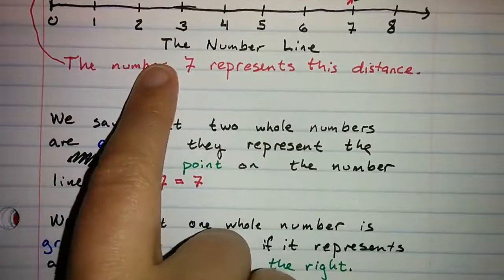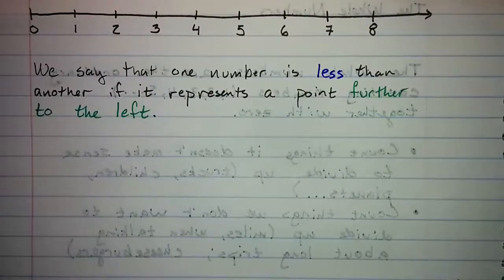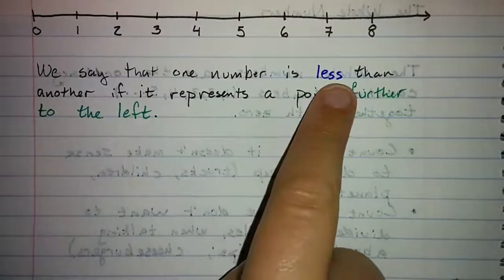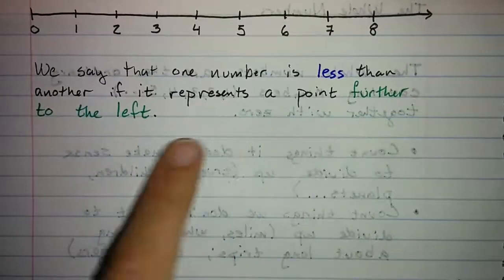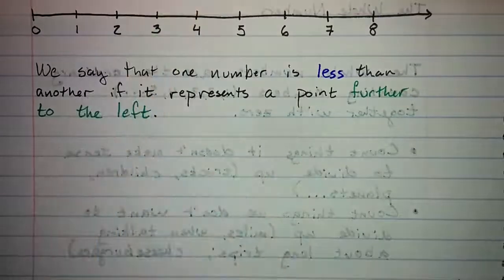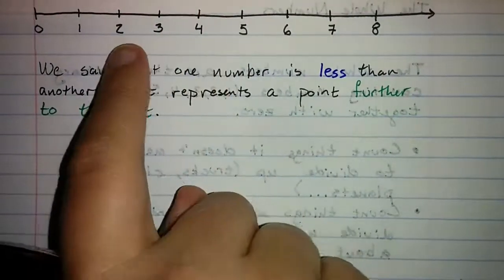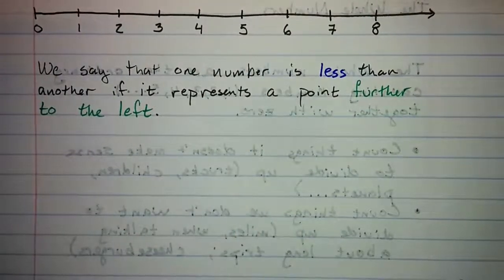So, for example, in this picture we see that 7 is greater than 3. On the other hand, we say that one number is less than another if it represents a point further to the left. So again, on our number line, we see that 2 is less than 5.